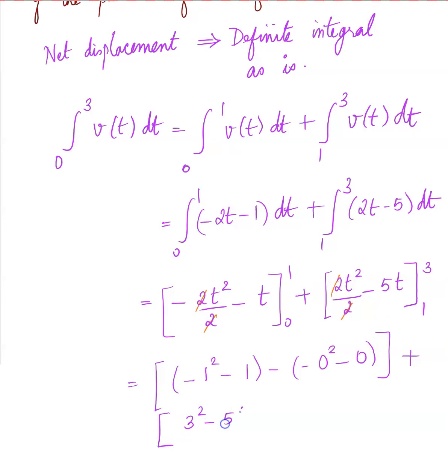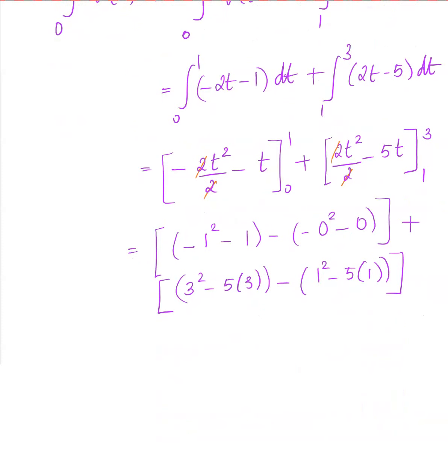Then 3 squared minus 5 times 3 minus 1 squared minus 5 times 1. Alright, so now go ahead and clean up. So you'll get negative 2 for the first part, plus this also will come out as negative 2.